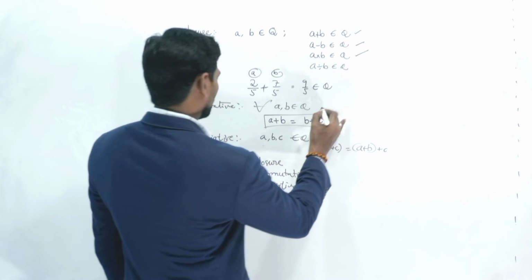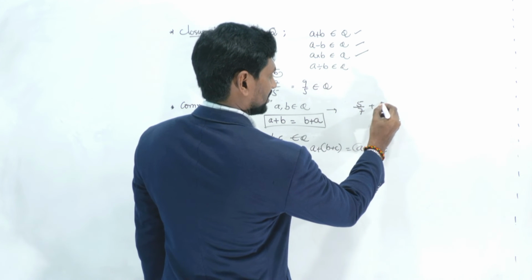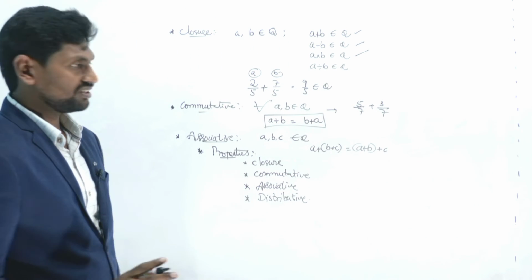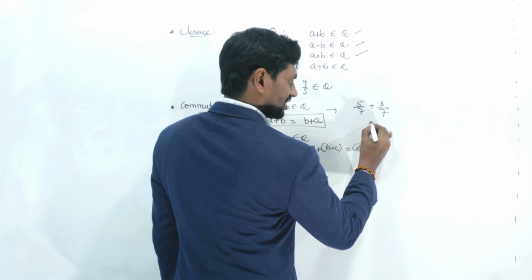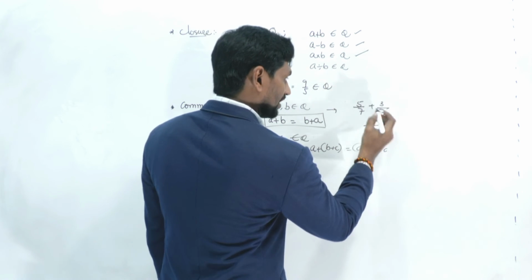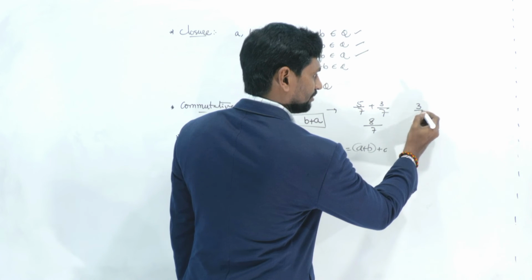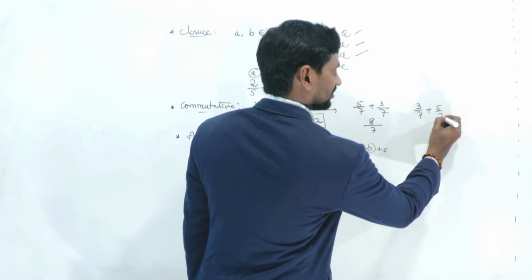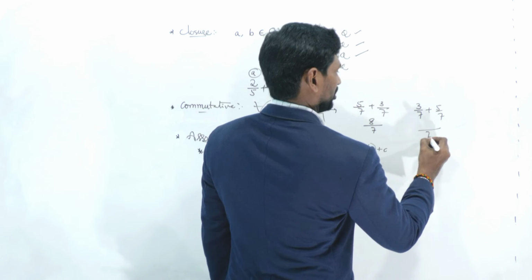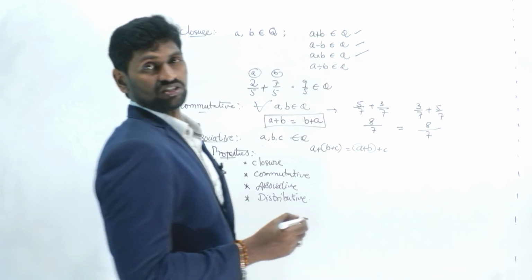Let us see an example for commutative. I am taking 5 by 7 plus 3 by 7. Like terms only I have taken. Add both of them. What is the answer? Same denominator 7, so we can directly add the numerators. 5 plus 3, 8. 8 by 7. Now I am adding 3 by 7 plus 5 by 7. I have changed the order. Denominator is same. 3 plus 5, 8. Both are equal or not?